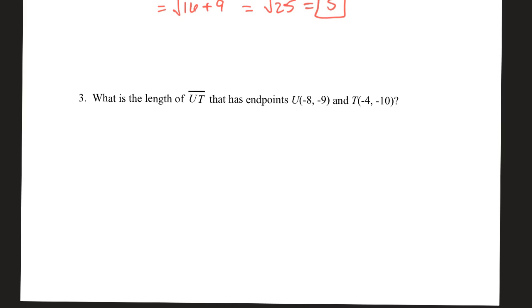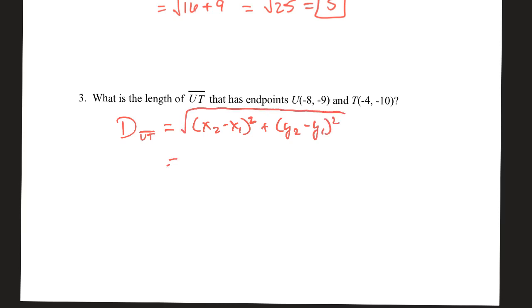Again, we're looking for the length of UT, which has those points now. When you see length, you are thinking distance formula. So the distance of UT: x2 minus x1 quantity squared plus y2 minus y1 quantity squared, all underneath the radical. I'm going to label my points x1, y1, x2, y2.